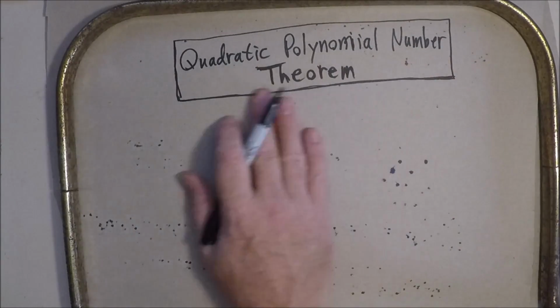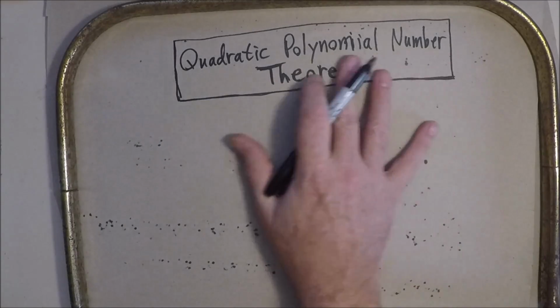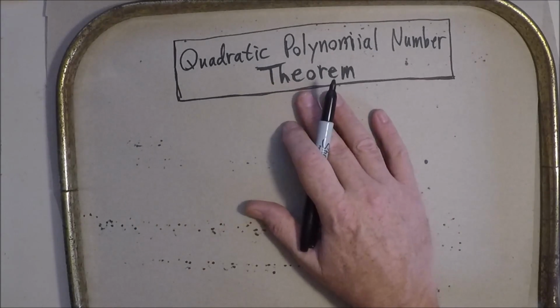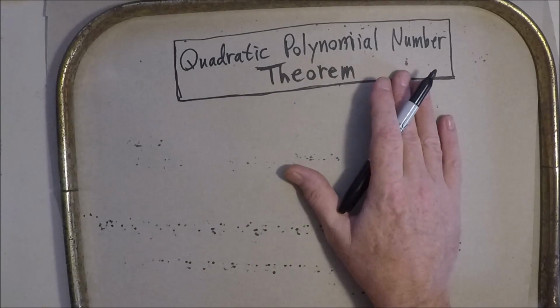Okay, so we've covered quite a lot of ground, and this is bringing us right to what this is all about, this quadratic polynomial number theorem.